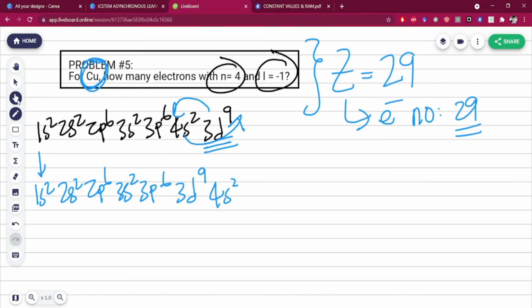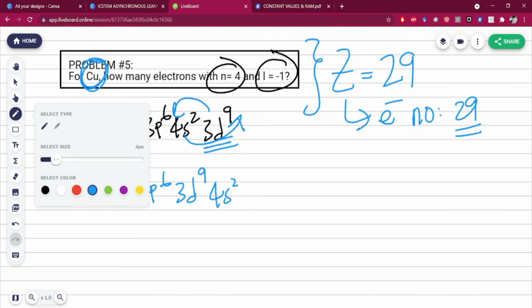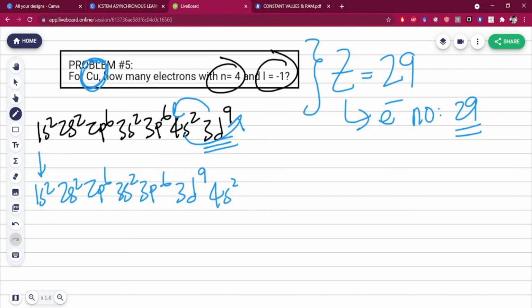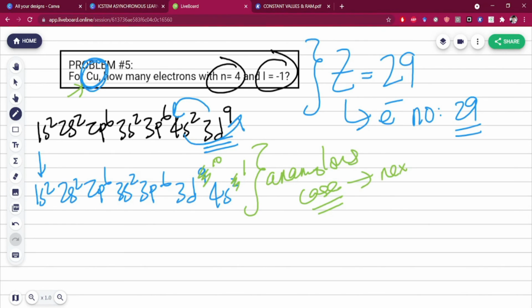What happens here will be quite interesting. For copper, instead of 9, it will be 10. This one will be 1. This one is only for copper. This is the anomalous case. So we're going to look at it in the next video, guys. All right, but that is not important now.